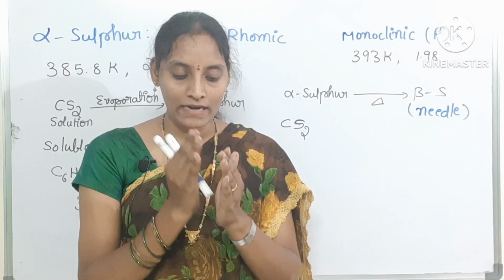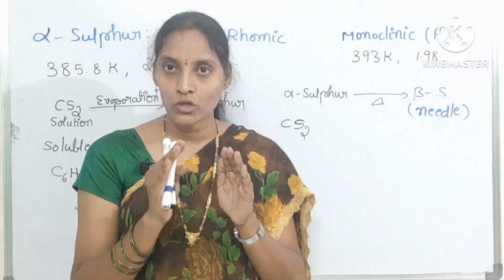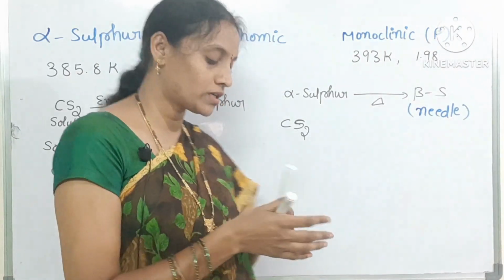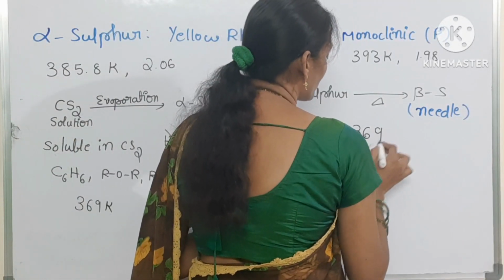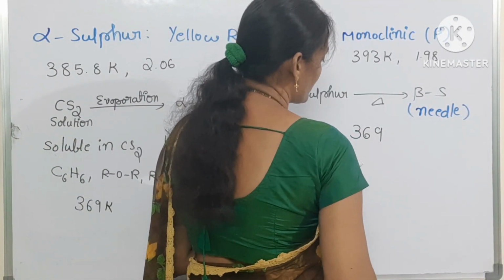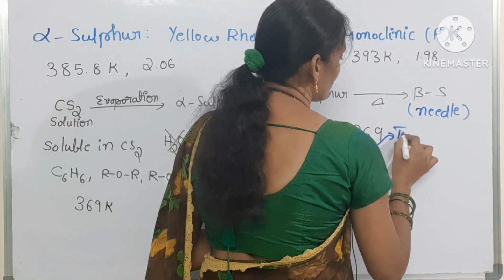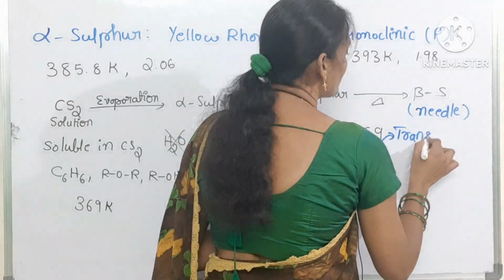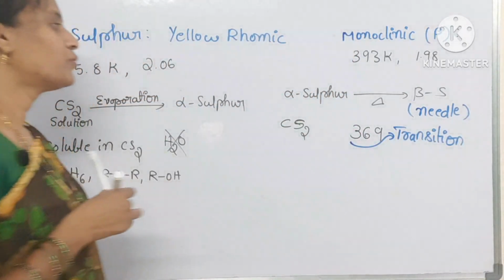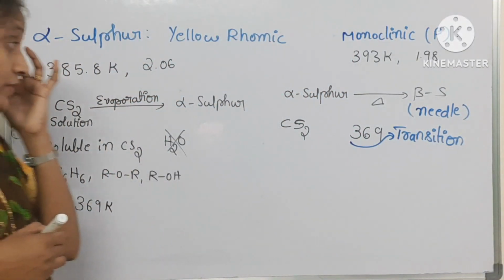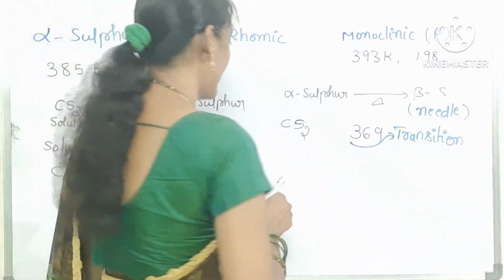So at this temperature both alpha and beta are stable. So the 369 temperature is known as the transition temperature.